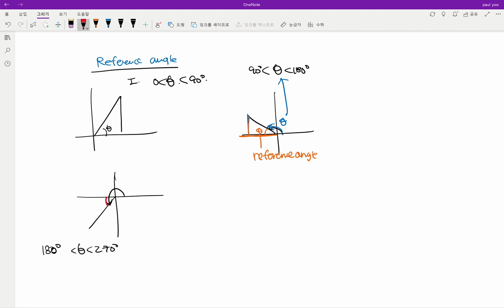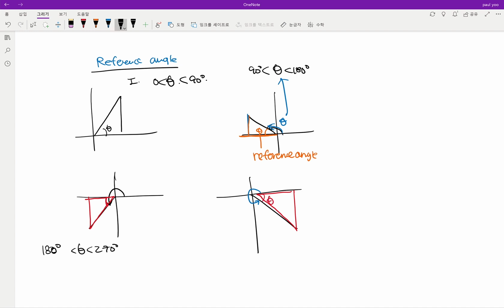This is going to be the reference angle because your triangle forms that way. And in the fourth quadrant, for this terminal side, this is the angle by which your triangle forms this way. So that's going to be the reference angle.